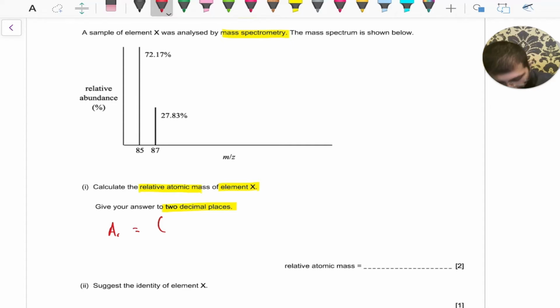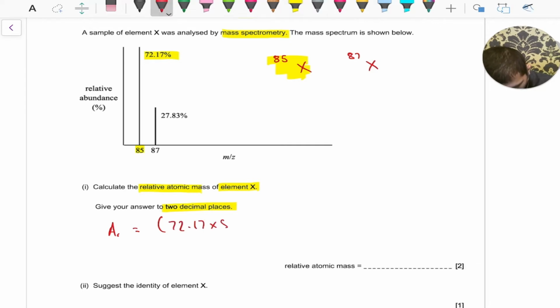So ultimately the mass spectrum tells us we've got 85X and we've got 87X. So we're going to assume that 85X is isotope 1. Again, it makes no difference which one you choose. So that means I've got 72.17% of isotope X.